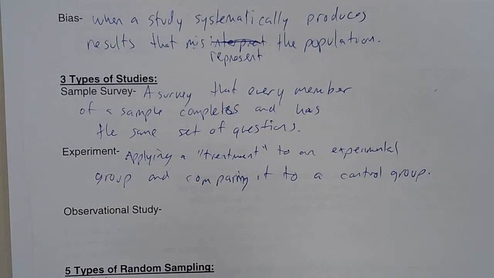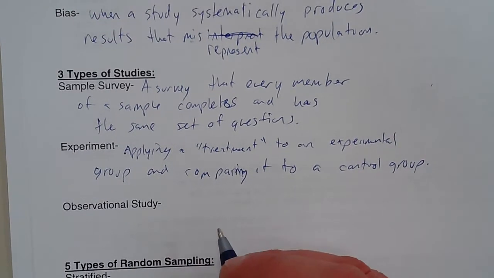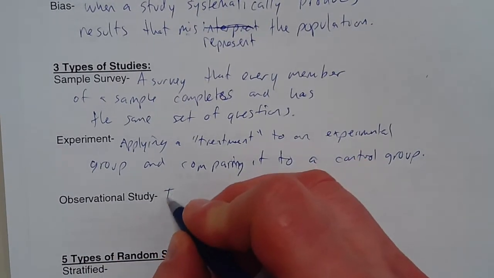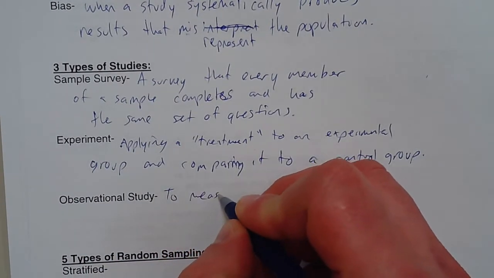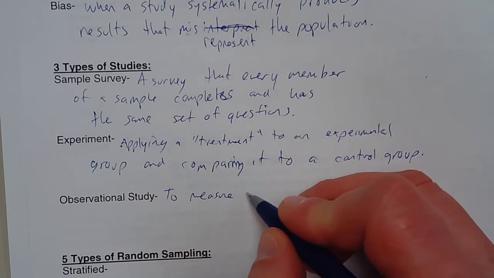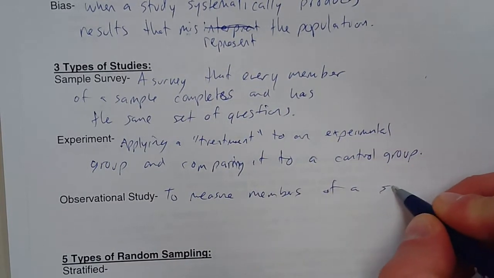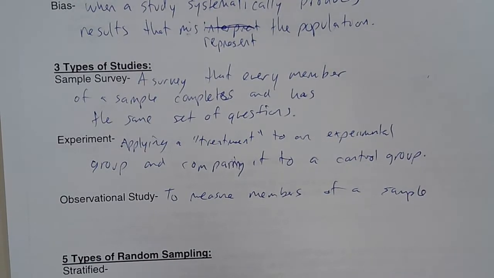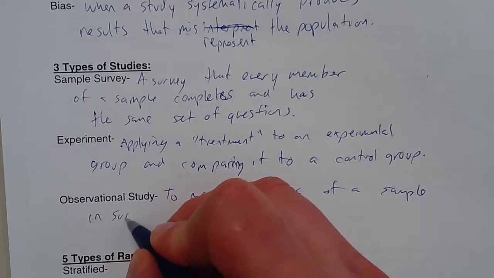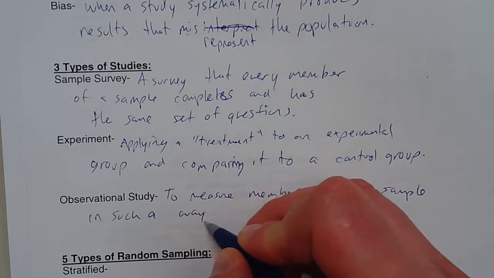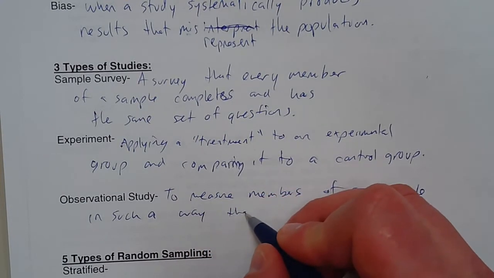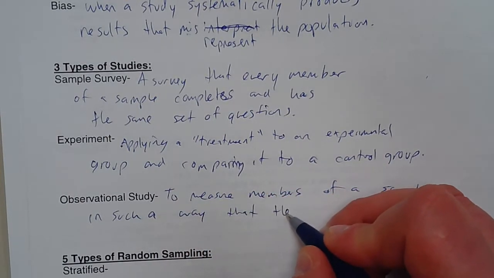And then the last type of study is what's called an observational study. This is to measure members of a sample in such a way that they are not affected by the study.